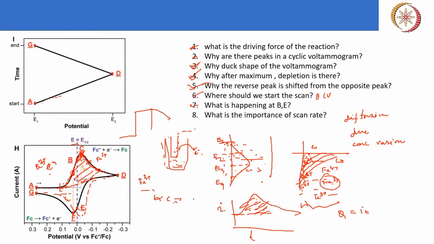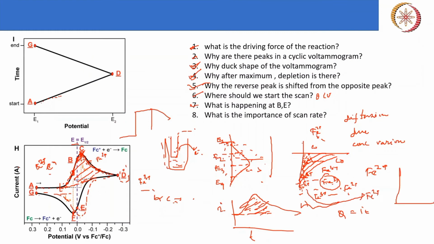The answer is that when you reach point D, all the Fe2+ is on the electrode surface, and as it is a diffusion process, after some time, when you are scanning in this region, the Fe2+ is going into the bulk solution. As it is a diffusion process, the concentration of Fe2+ in the bulk solution is less, so Fe3+ goes to Fe2+, and again this Fe2+ goes into the bulk solution.